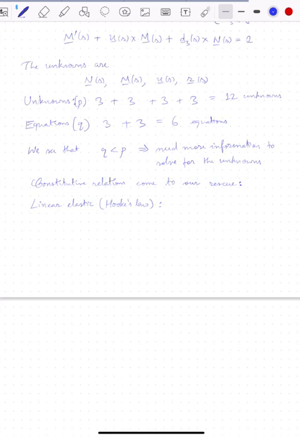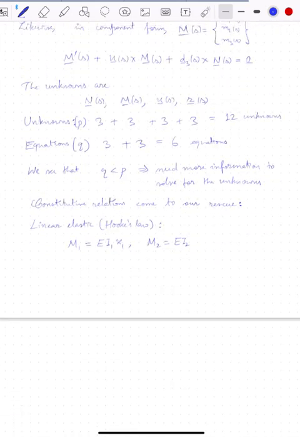So the m vector: m1 of s is equal to, say, E I1 kappa 1, and m2 is equal to E I2 kappa 2, and m3 is equal to G J tau.